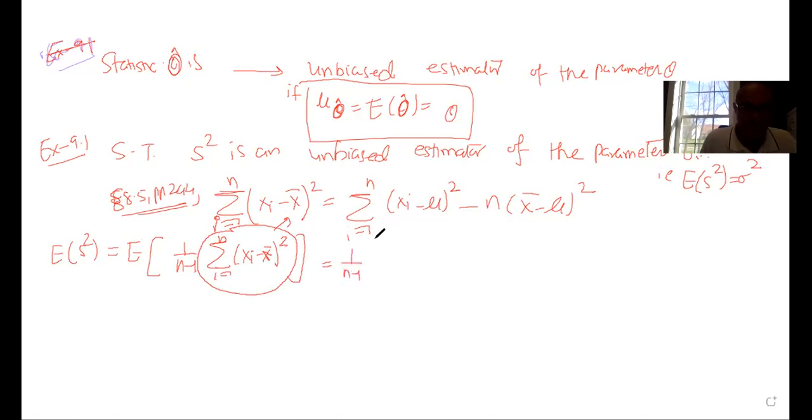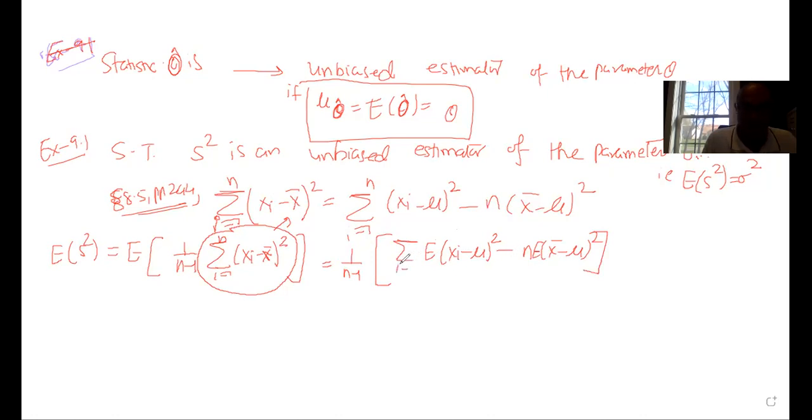Inside the big bracket I have the summation of the expectation of xi minus mu square minus n times the expectation of x bar minus mu square, because expectation is linear in addition and subtraction.